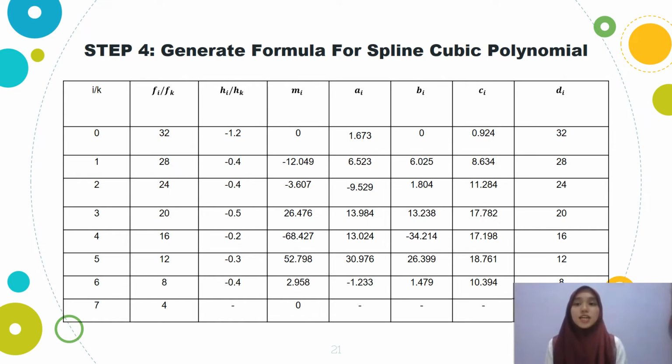So, next, we're going to talk about step 4, generate the formula for the spline cubic polynomial. According to this table, we need to find Ai, Bi, Ci, and Di. The values of i, Fi, Hi, and Mi are already given and calculated.